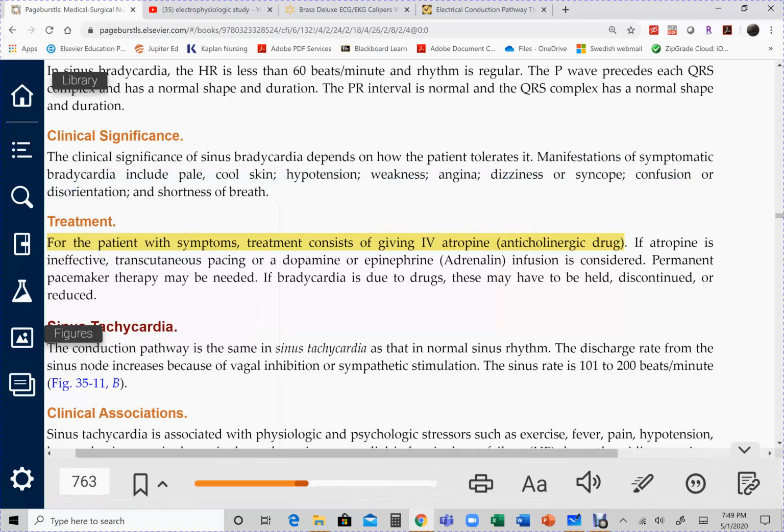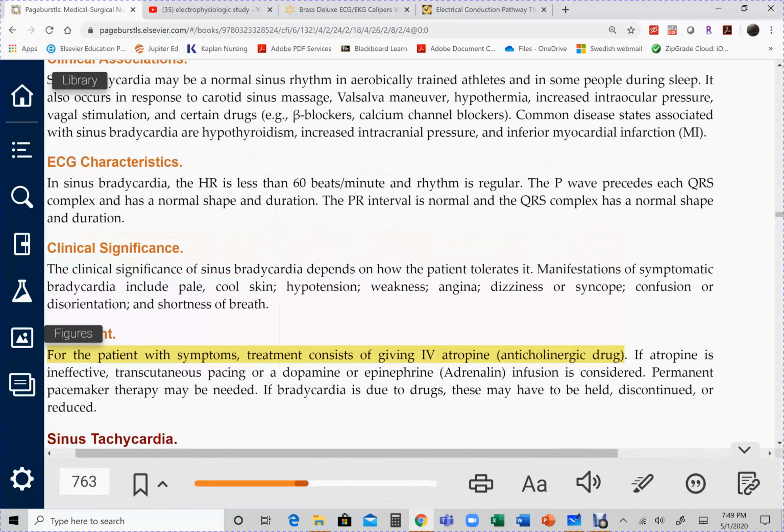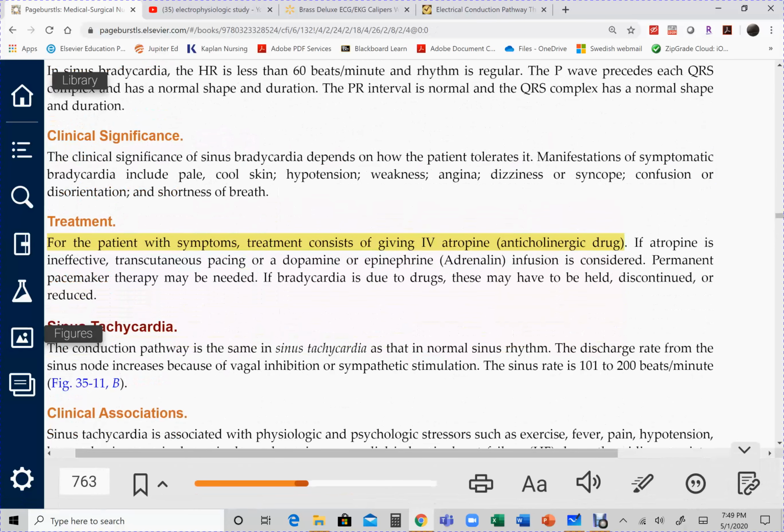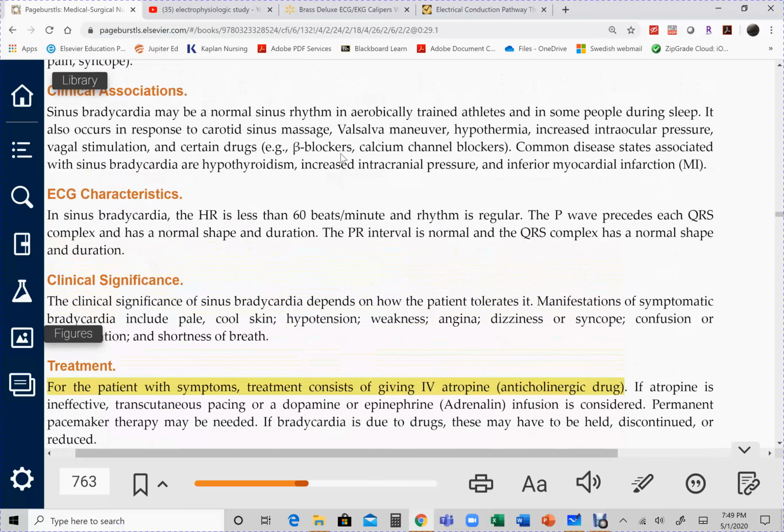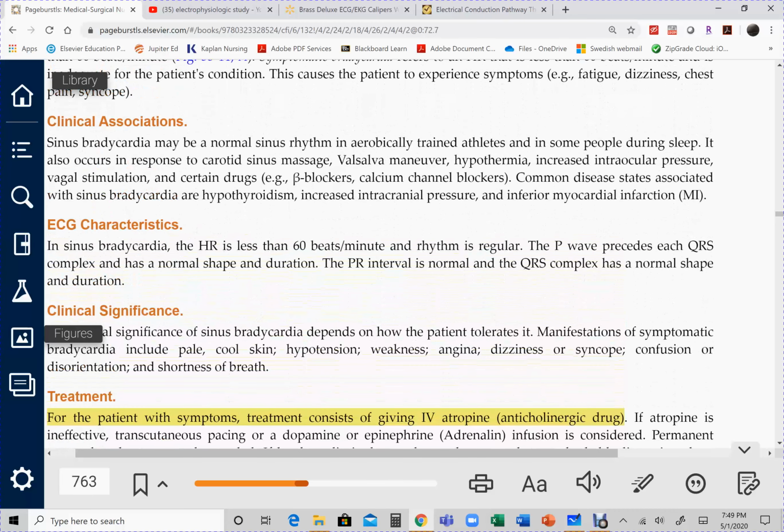If you find the patient here with the rhythm, with the sinus bradycardia, but they don't have any of these symptoms, the blood pressure is fine, okay, they're alert and oriented, they have no shortness of breath, so what will you do? What you'll do is simply identify the cause. So since these are the causes, just ask the patient, what were you doing? Okay, and then the patient might say, oh, I was just from the bathroom.